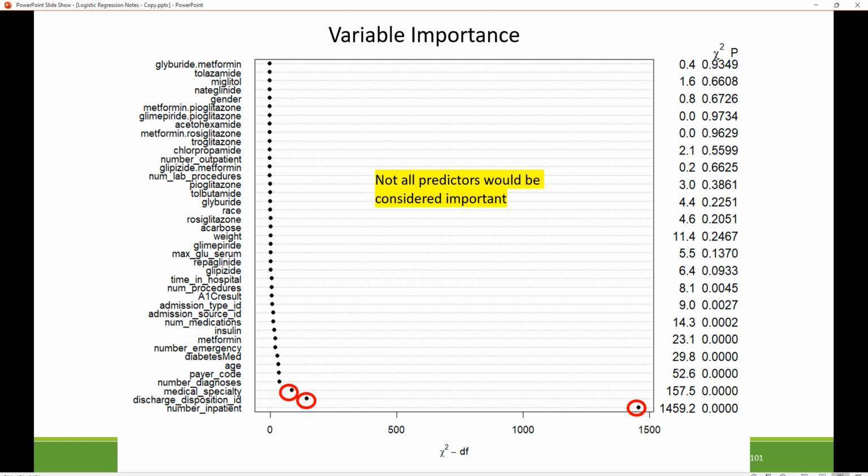In this graph, we're looking at variable importance, and we can see that not all predictors would be considered important, and that's based off their p-values, which you don't want to necessarily limit your assessment to.